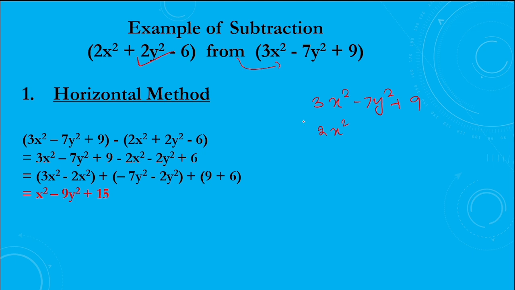Now we write plus 2y square. Now we write minus 6. Now we change the sign of the second algebraic expression. So here is plus, we change it to minus. Here is minus, we change it to plus. Here is plus, we change it to minus.